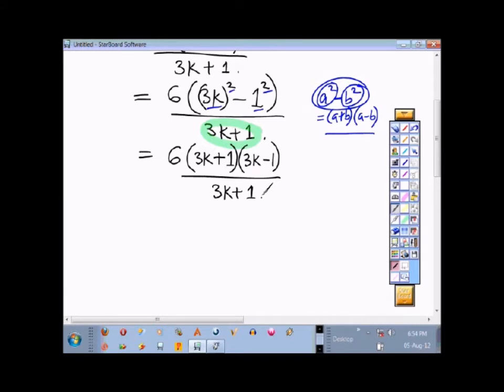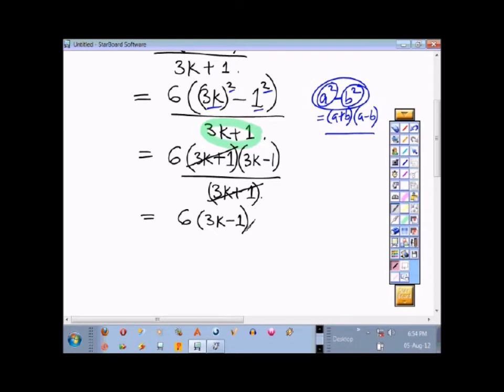Now we can see that this statement and this statement are similar, and therefore they cancel out, leaving us with 6 into 3k minus 1, which is our final answer.